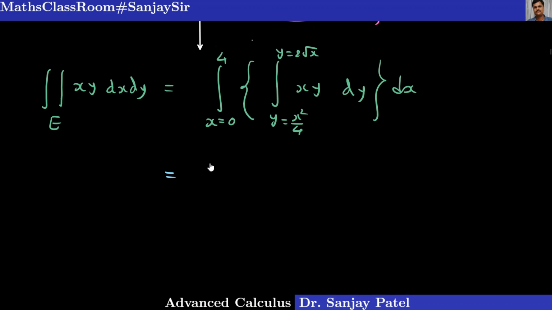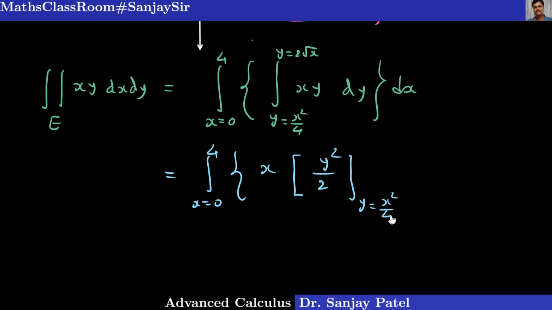This is equal to x from 0 to 4, and when we integrate with respect to y first, x is constant and the integration of y is y square by 2, with the limits of y equal to x square by 4 and y equal to 2 root x, and that is to be integrated with respect to x.